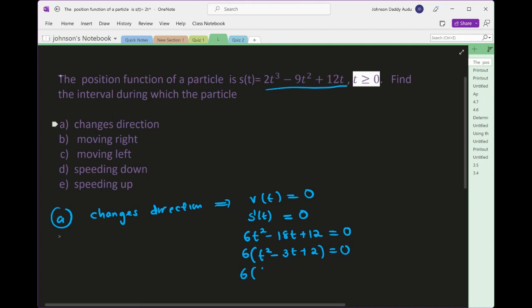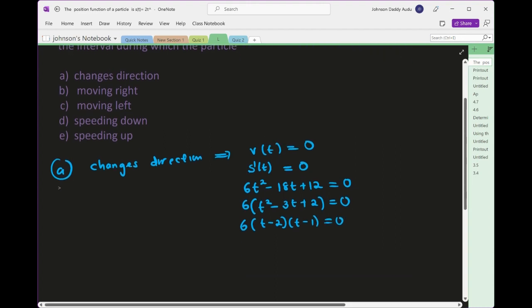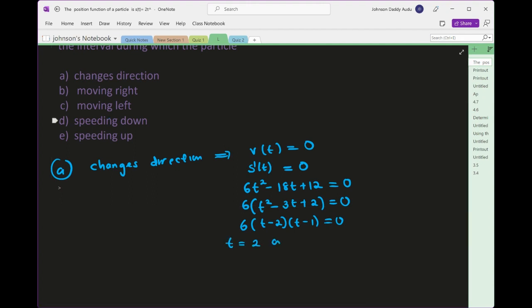And this we can easily factorize as t minus 2 and t minus 1 equals 0. So the particle would change direction at t equals 2 or t equals 1.